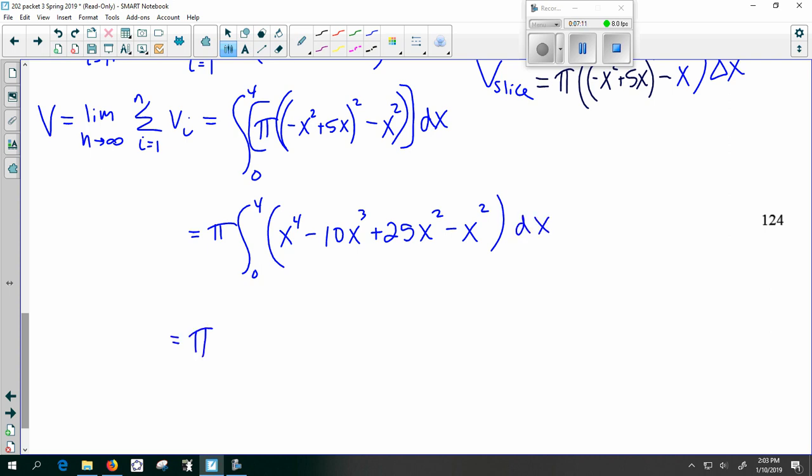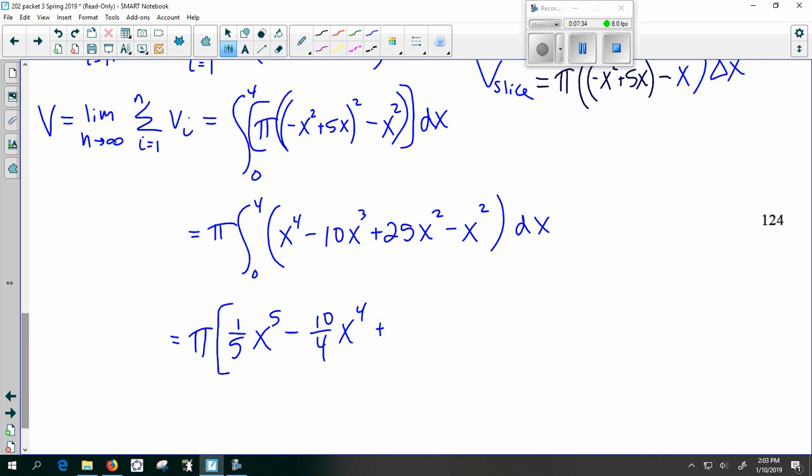This is pi times, I'm just going to take an antiderivative of x to the 4th, that's 1/5 x to the 5th, of x cubed, that's 10/4 x to the 4th, and then I have 25x squared minus x squared, that's 24x squared.